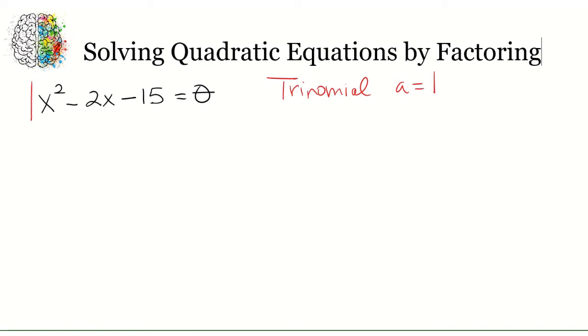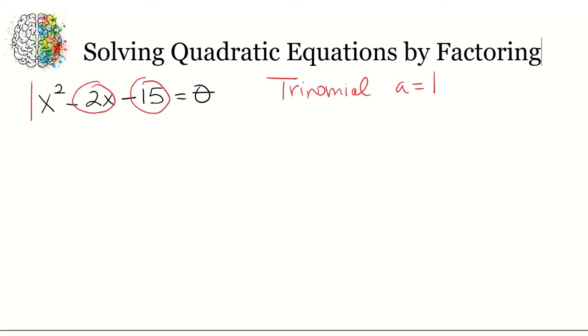And the way that we do that is we need to find two numbers that multiply to equal 15, and when they add up together, they're going to equal that 2.